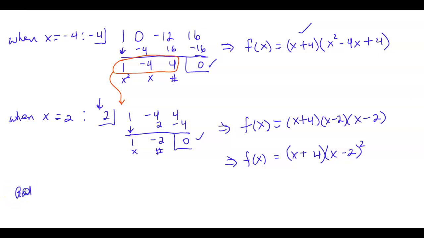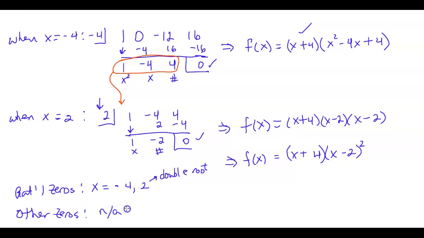So our rational zeros here are just going to be x is equal to -4 and 2, where 2 here is going to be a double root. Our other zeros, which means do we have any irrational or complex ones, doesn't apply.